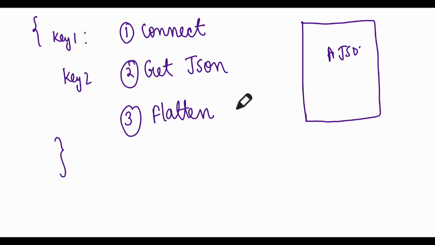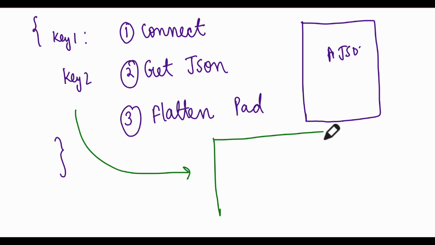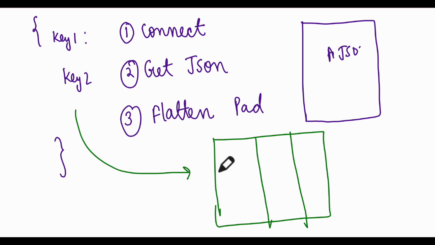Flattening means converting this JSON data into a regular data frame where you have key 1, key 2, key 3, something like this. We'll see all this in detail. So remember the steps: connect to the API, get the JSON data, and then flatten it to view it. These are the 3 steps that you should remember.